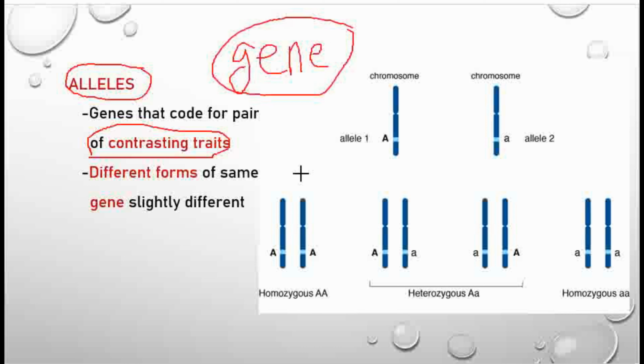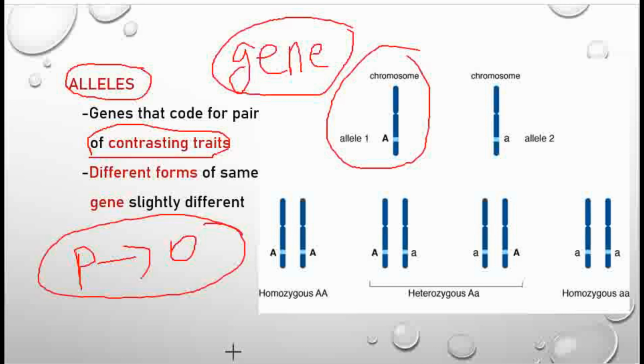It is located in a specific position on a specific chromosome, and the DNA coding at that position determines distinct traits that can be passed on from parents to offspring through sexual reproduction.